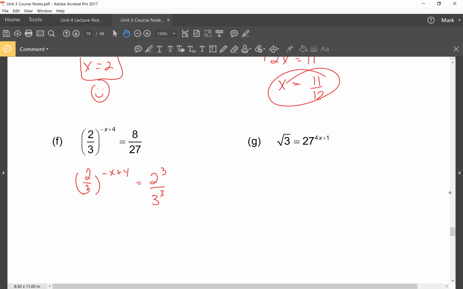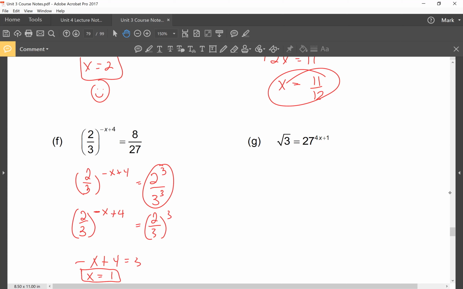So a way that we can actually write this is 2 over 3 to the power of negative x plus 4 equals 2 over 3 to the power of 3. So negative x plus 4 is 3. That means x is going to be 1.